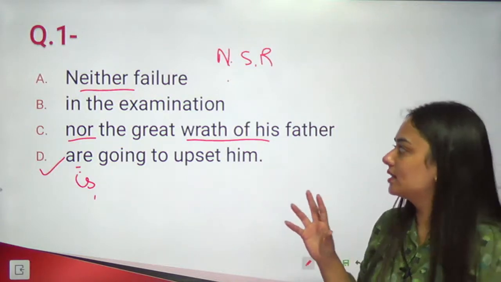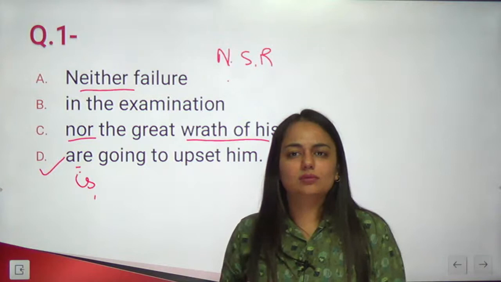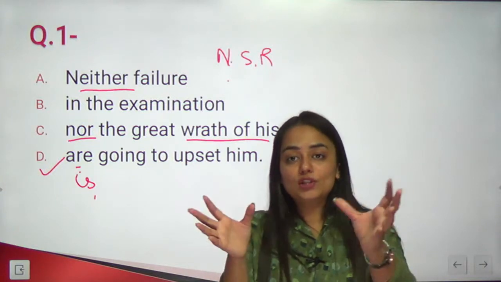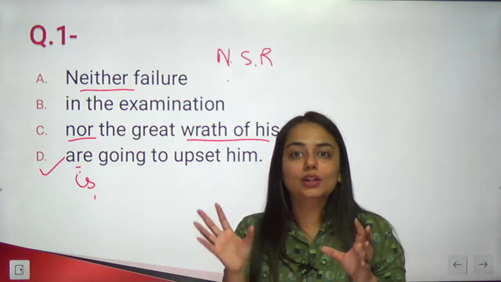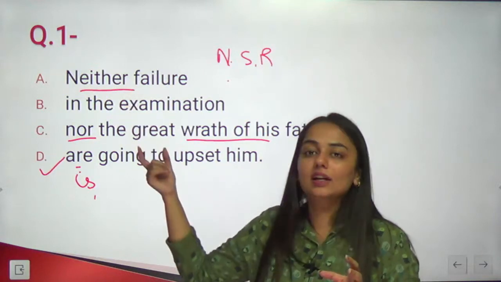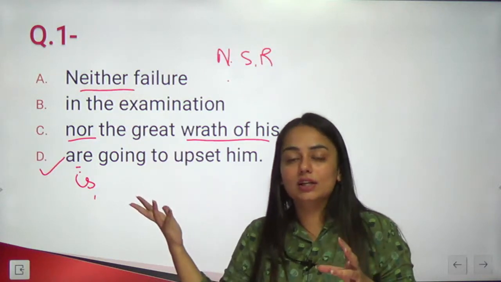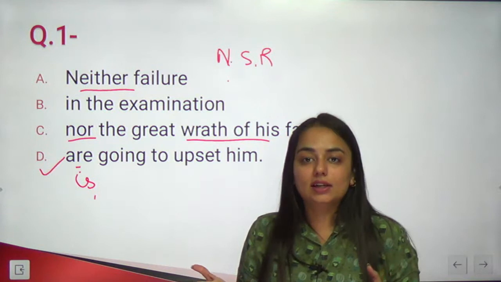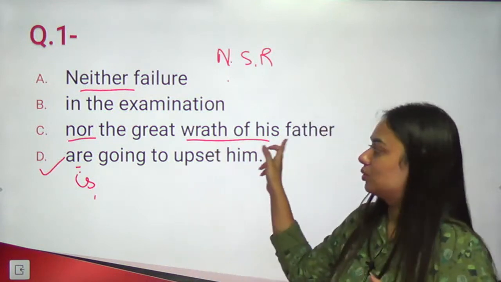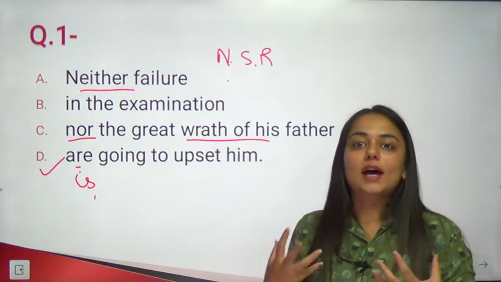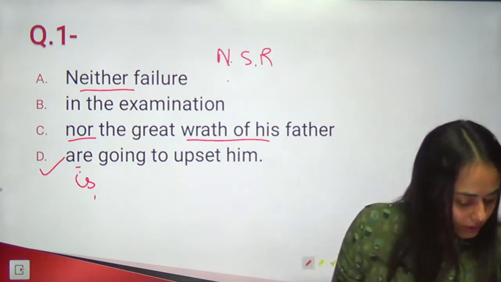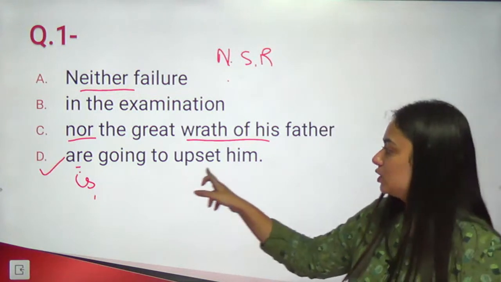Though it may look as if we have used 2 subject, it should be plural. But ये 2 subject and के साथ join नहीं हुए. They are joined with a pair that is neither and nor. तो neither and nor के case में या फिर rather than के case में हम हमेशा near subject को देखते हैं. The near subject is wrath. Wrath is a singular word, so the verb will also be singular. Is going to upset him.